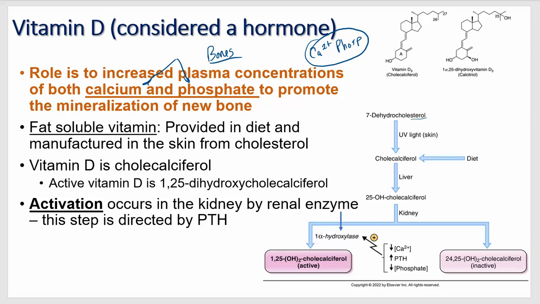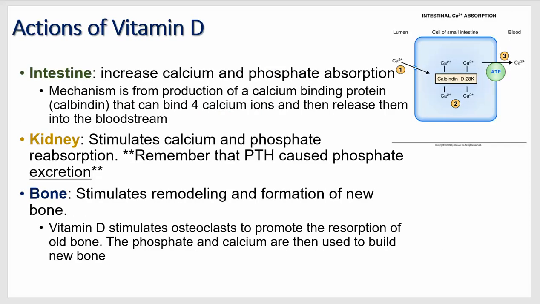Increased parathyroid hormone is also going to activate that. We saw that before. And decreased phosphate levels will also increase the vitamin D activation.